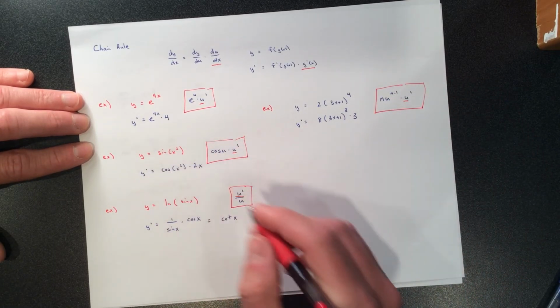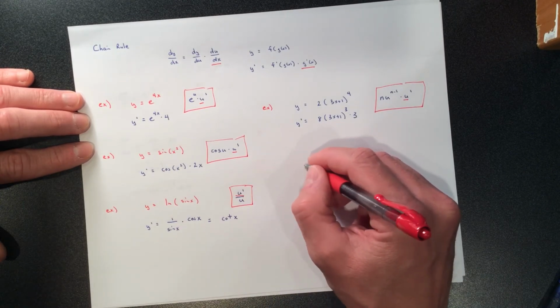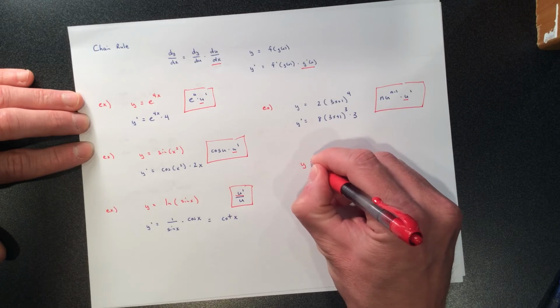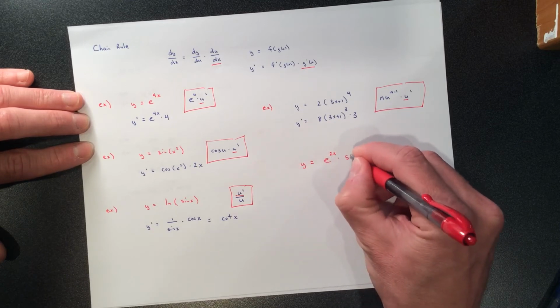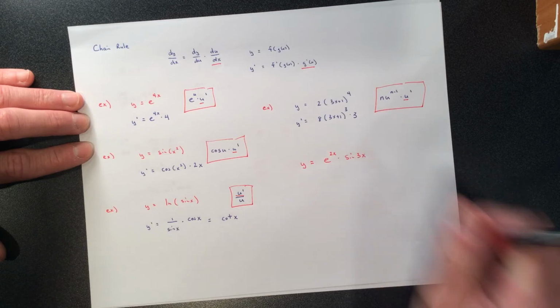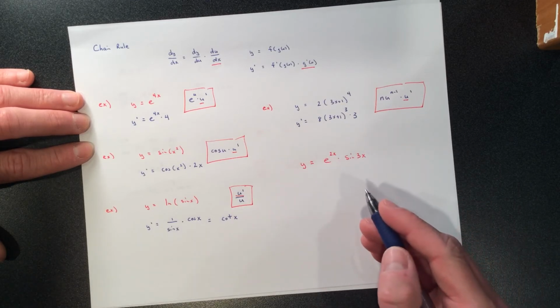And again, when you think of the chain rule, certainly it still applies to even the product rule. So you could have a product rule, let's say y is equal to e to the 2x times sine of 3x. Again, the big rule here is a product rule, but you still have to apply the chain rule.